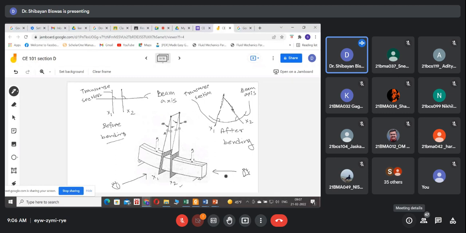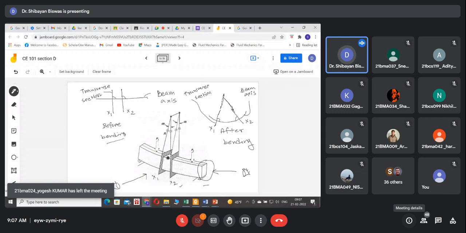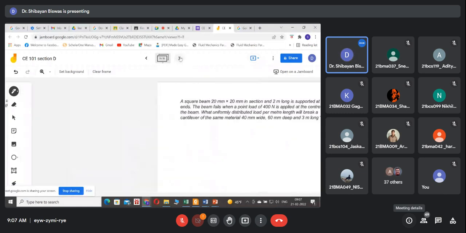If we see from this section, this side, we can only see a beam section here. Suppose this beam is of rectangular section, so we can only see a plain rectangular portion. That section is known as a beam section. This is nothing but one of the transverse sections.